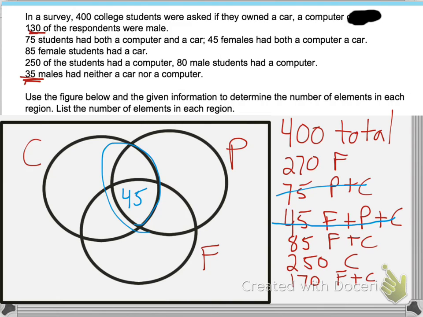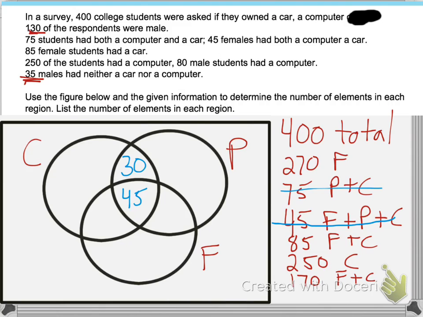There's 75 people total. We've already accounted for 45 of those 75. So to get the whole region of 75, we need 30 more people to go in this region.